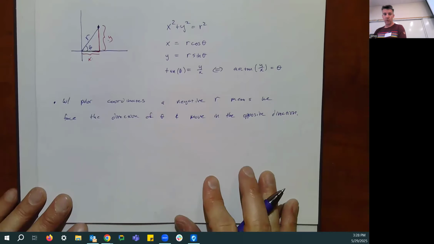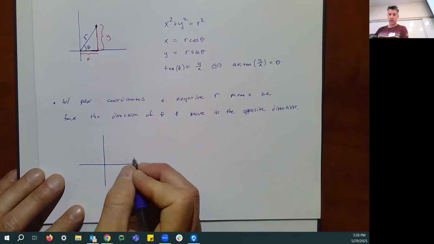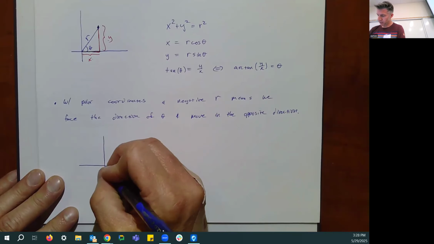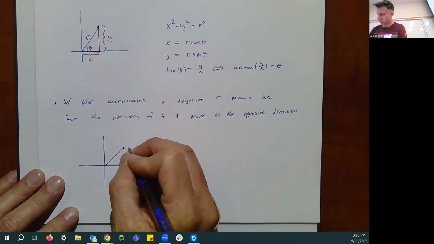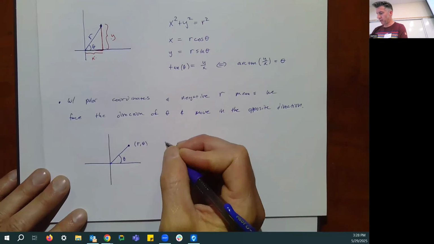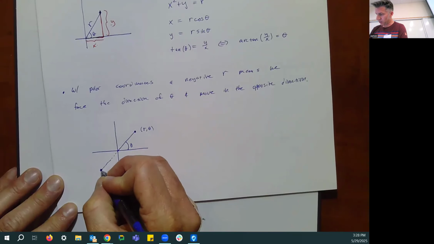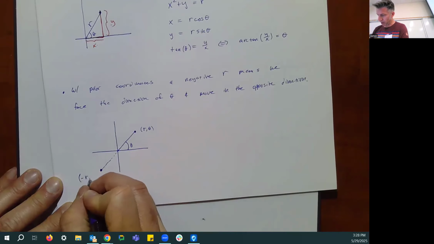So for example, if this point up here is r comma theta, then moving in the opposite direction, the same length, this would be negative r comma theta.